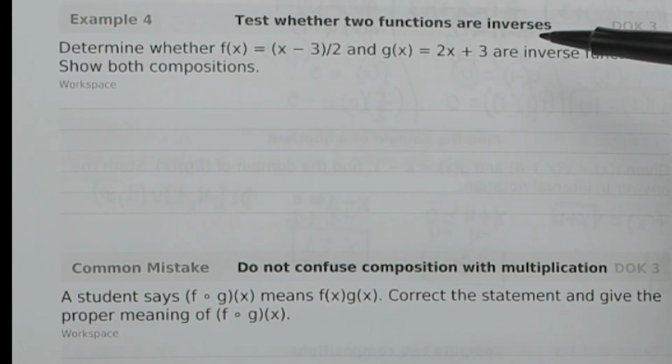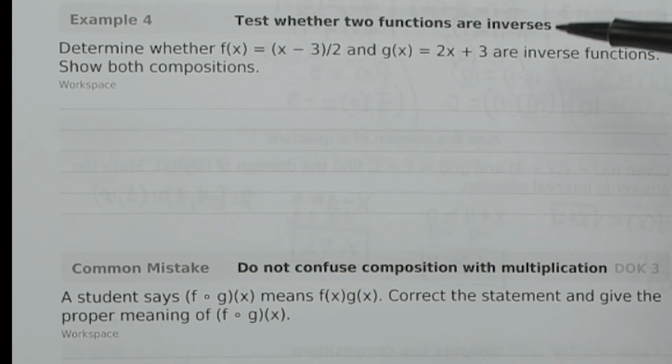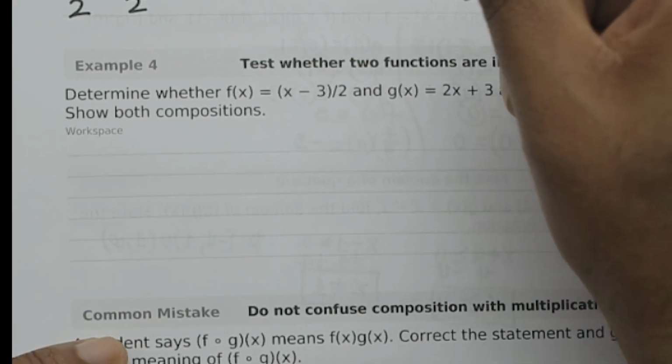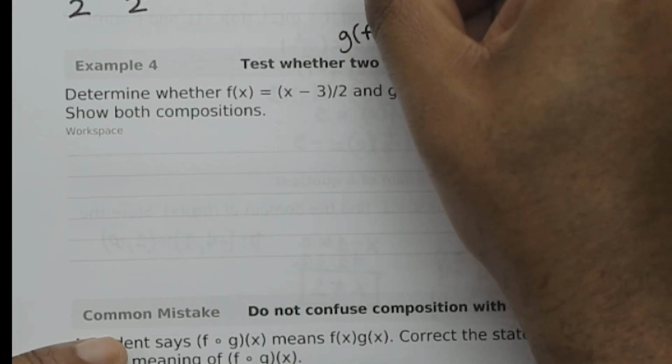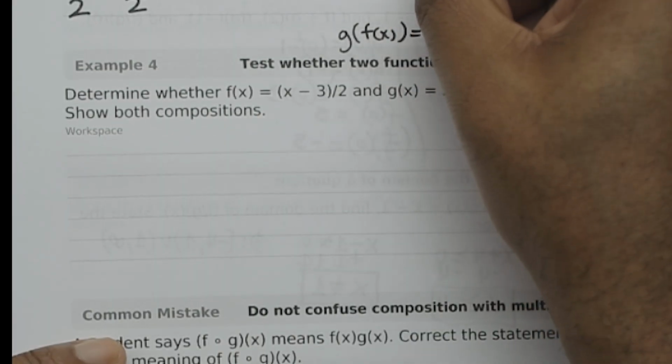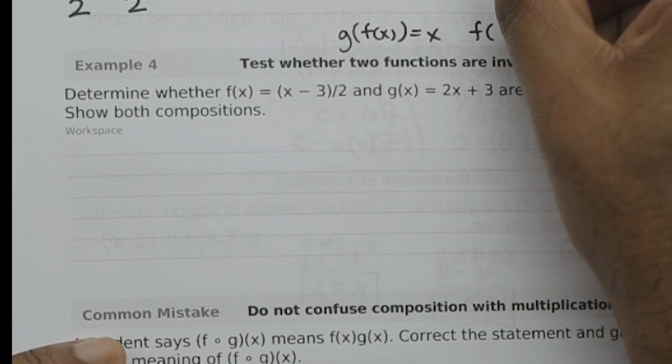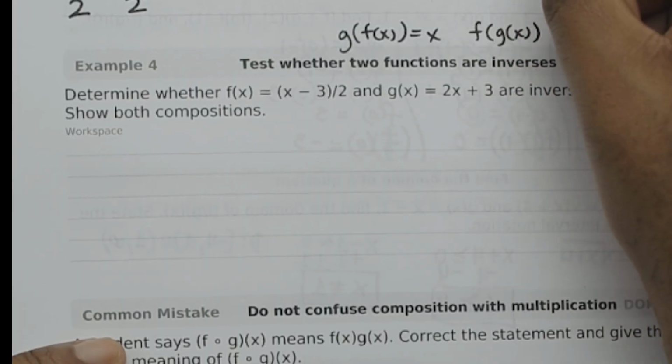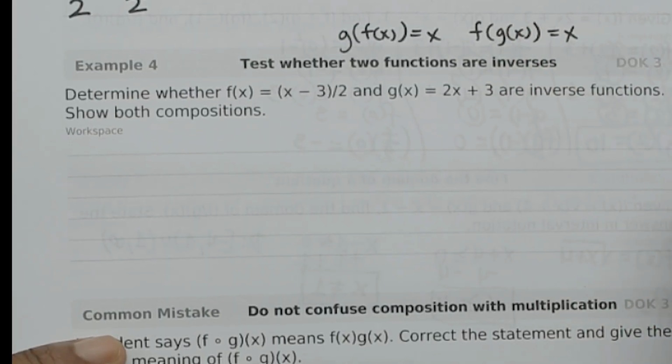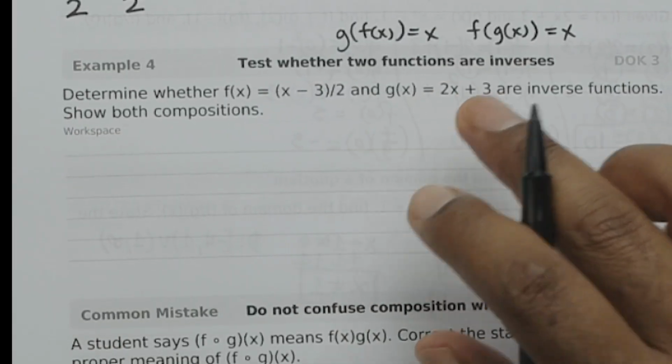To prove that these two functions are inverses, we need both compositions to equal x. In other words, we need g of f of x equaling x, and we also need f of g of x equaling x. That's essentially what this problem is asking us to do.